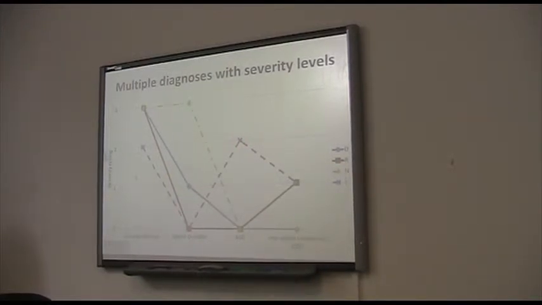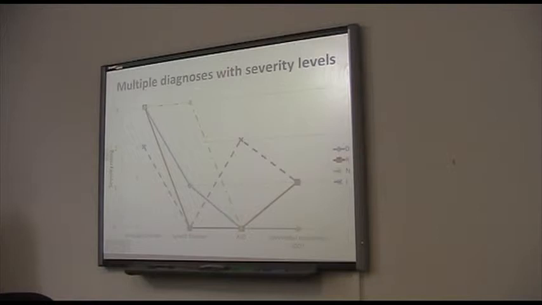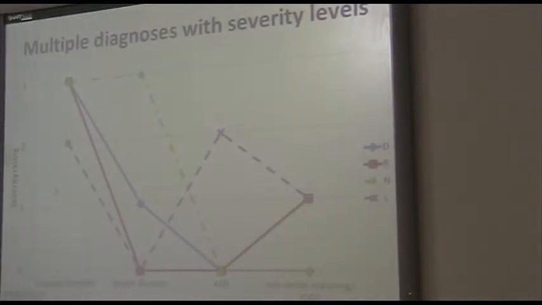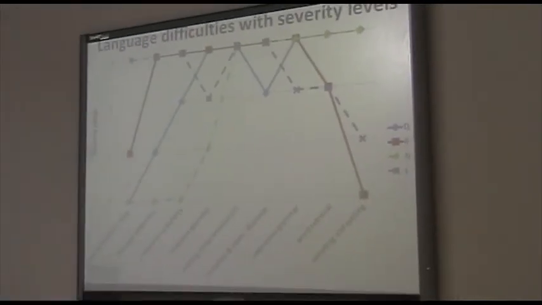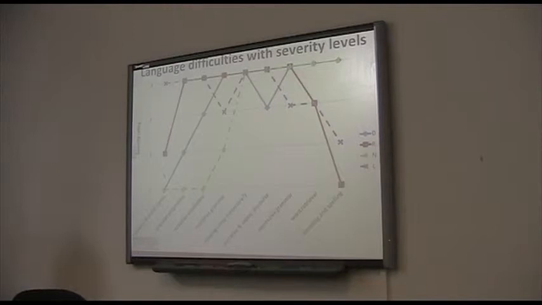So I'm not sure quite what you'd say was her primary impairment, and there's certainly a debate as to whether she should be here or in a school for children with ASD or some other support. But by profiling these different issues at a severity level, it would maybe both show what their range of difficulties are, but also give you an idea as to what's the primary need. This was supposed to be all animated, so you've got one child at a time, but you're going to have to look at it all.